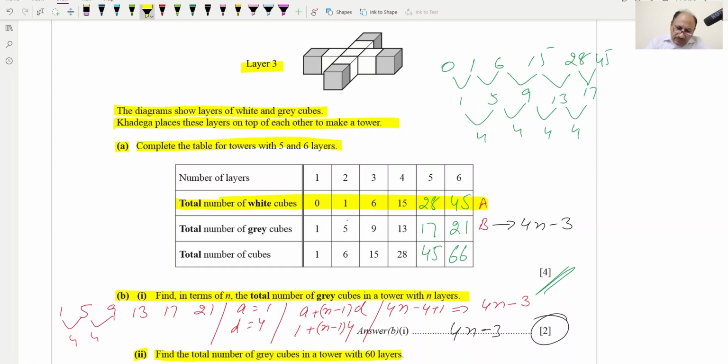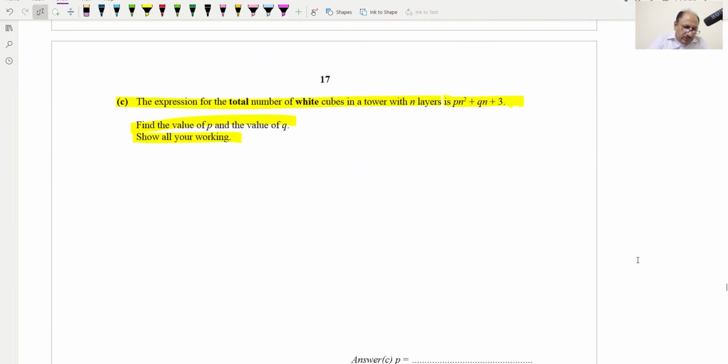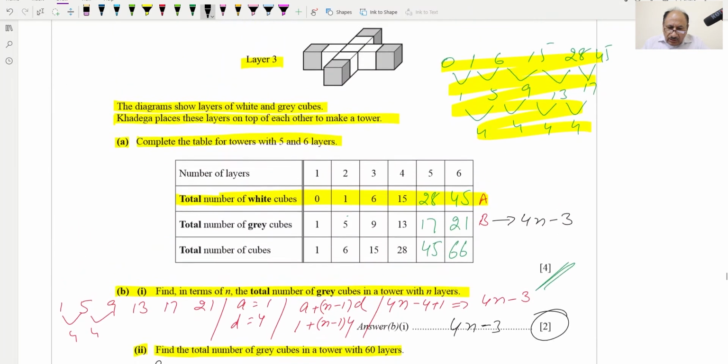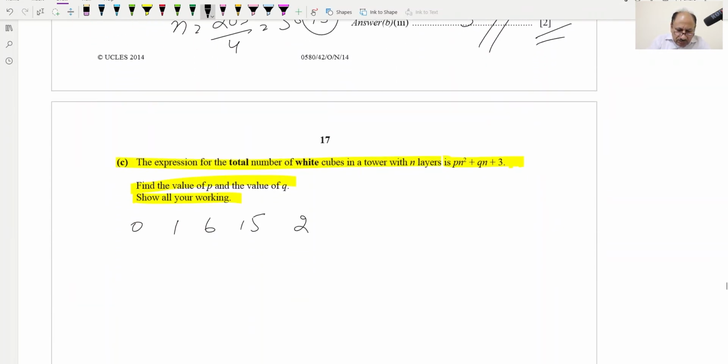We have done basically this working, so the same working we can do: 0, 1, 6, 15. I will copy here 0, 1, 6, 15, and then 28 and 45. We can write the differences as we wrote previously.